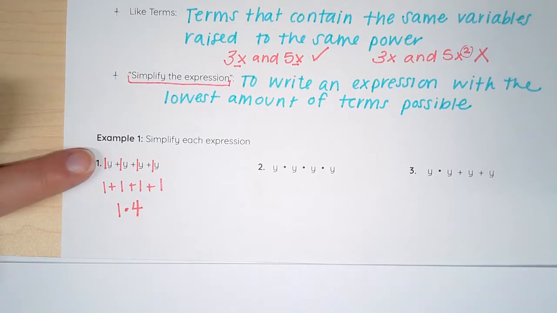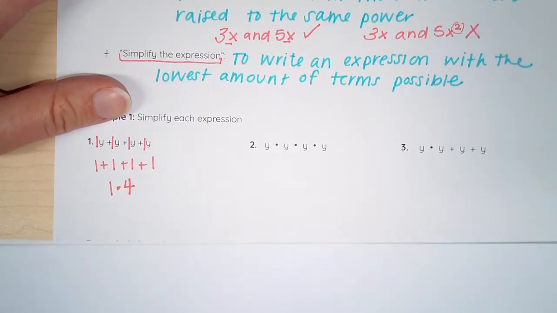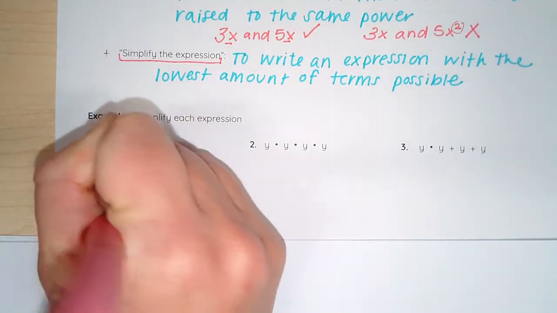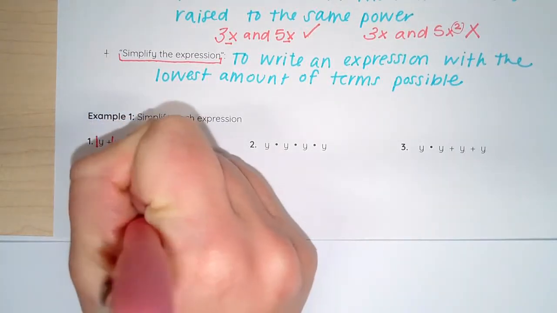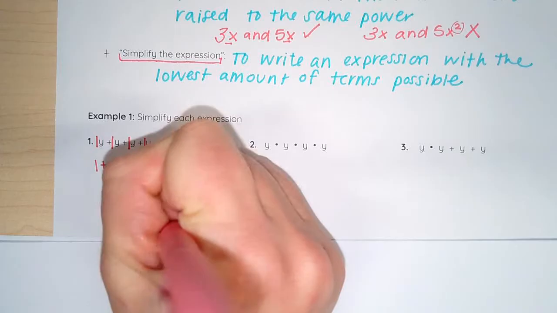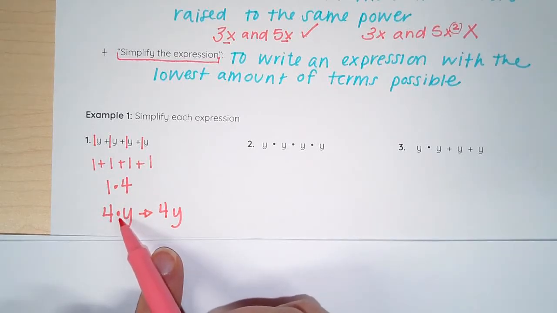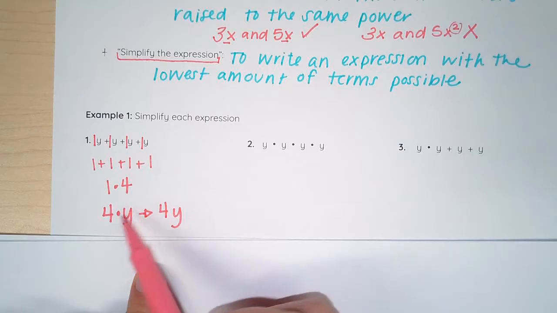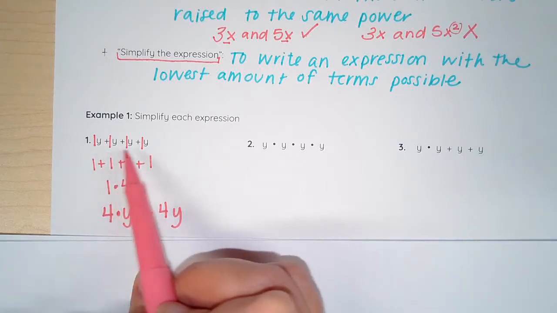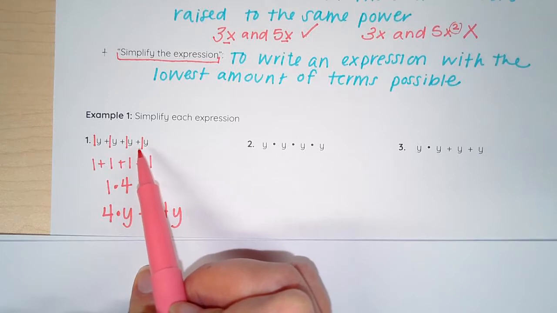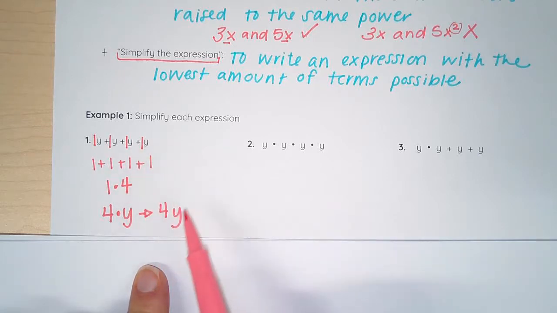So here I can simplify that by saying 4 times y, which then shrinks down to just 4y. When we have a number and a letter next to each other with no operation in between, it is automatically multiplication. This is the simplified version of this. This is also the simplified version of this. When we add repeatedly, that is multiplication.